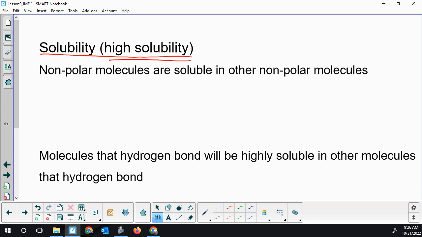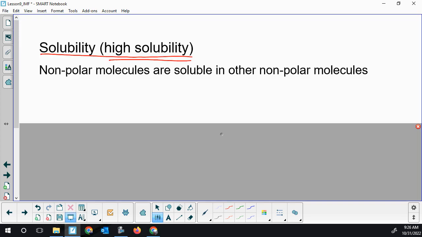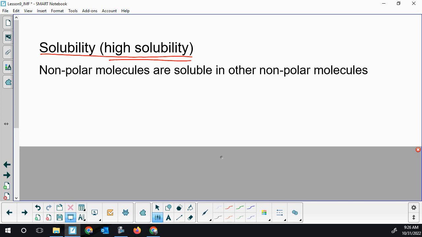Okay, we're not going to look at medium type solubility in Chem 20 and in Chem 30. So we have a couple circumstances that give really high solubility. The first is when we have nonpolar molecules in other nonpolar molecules. We'll have incredibly high solubility.